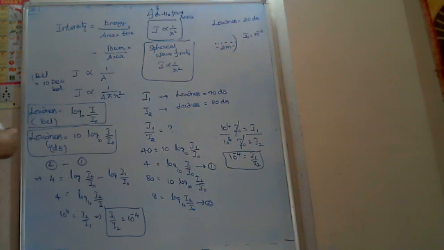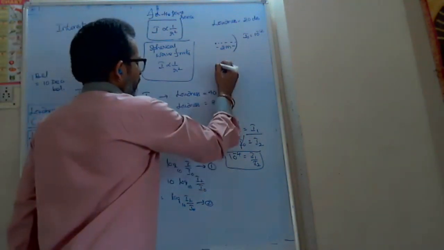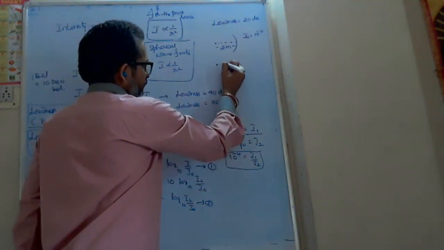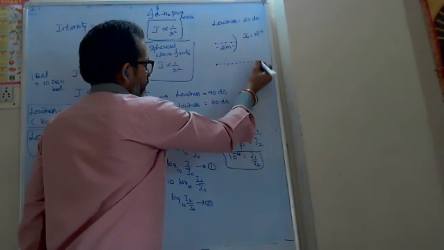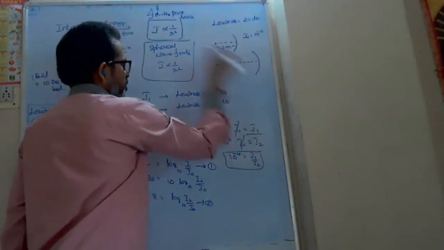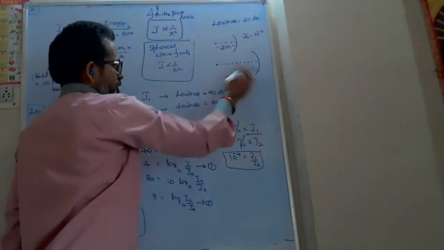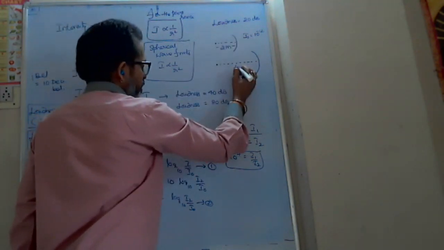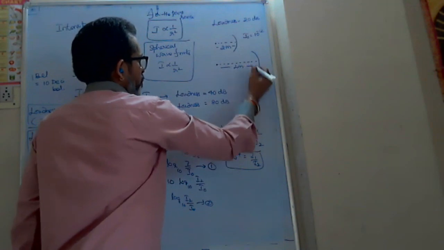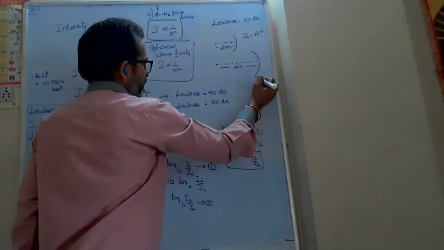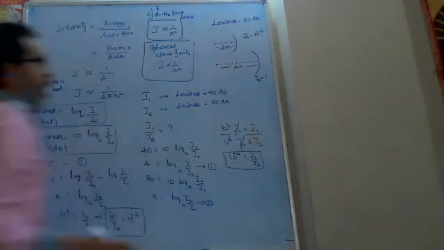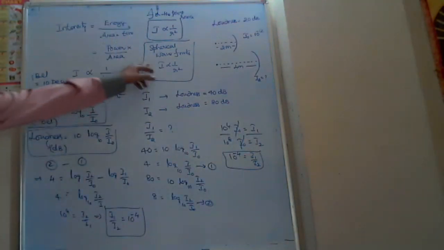Find the loudness when the distance from the point source is doubled. Point source means, as I already told, spherical wavefronts. The distance is 4 meters. What will I be? I is inversely proportional to R square.